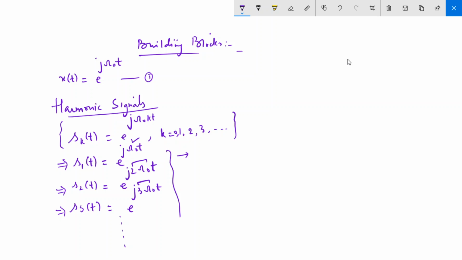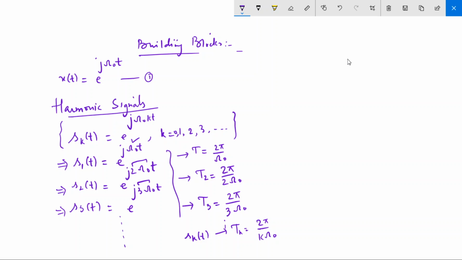These signals will have different time periods. For s_1(t), the time period is suppose T, which is 2 pi by omega naught. For s_2(t), the time period T_2 is 2 pi by 2 omega naught. For s_3(t), your time period T_3 will be 2 pi by 3 omega naught. In general, for s_k(t), your time period T_k will be 2 pi by k times omega naught.